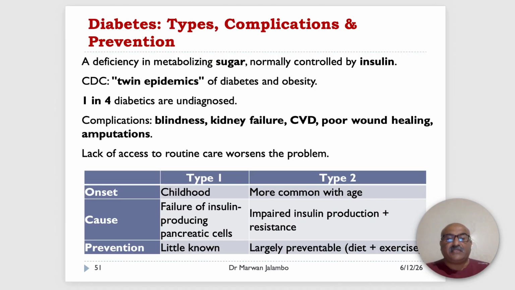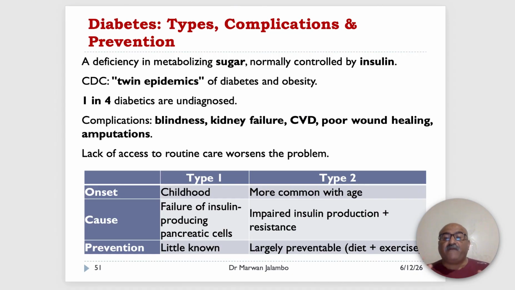Look at this list of complications: blindness, kidney failure, cardiovascular disease, poor wound healing, and amputation of the limbs. These are devastating, life-altering outcomes. That's why secondary prevention, early diagnosis, so treatment can start before the damage is done, is so important.